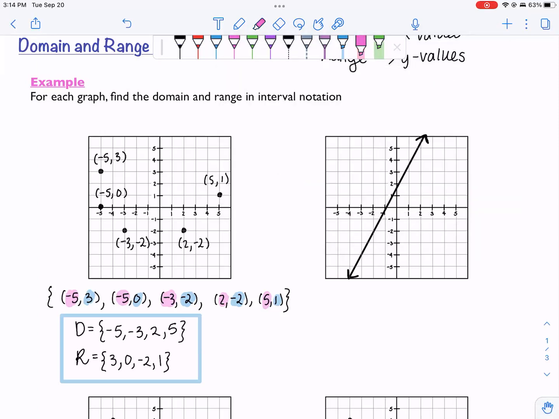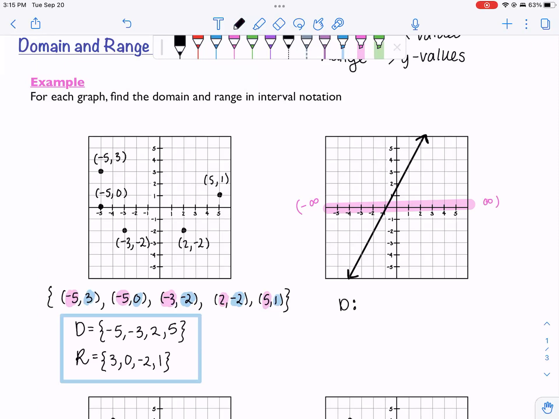For the domain, this thing extends off forever. So every single x value will get used eventually. This entire x-axis, at some point, you'll be able to find a y value for an x value on this line. This really goes from -infinity to infinity, the domain does.